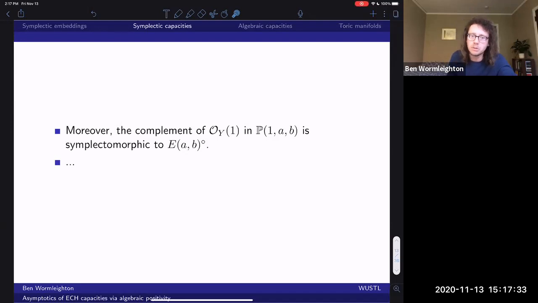This is a generalization of the more well-known fact that P^2 minus a hyperplane is symplectomorphic to a unit ball. So this is the bridge that we're building between something in algebraic geometry and these embedding obstructions. Okay, so I'll pause here. I'm about to segue into the algebraic part of the talk.